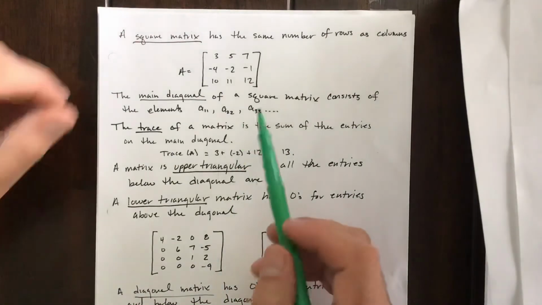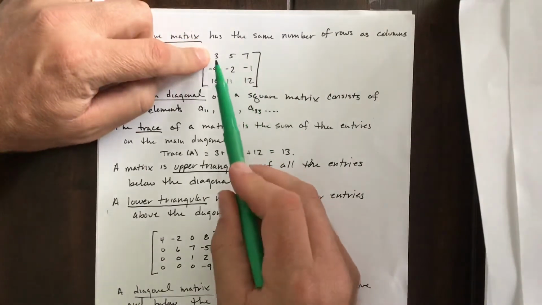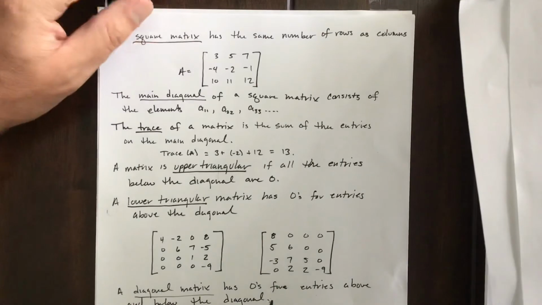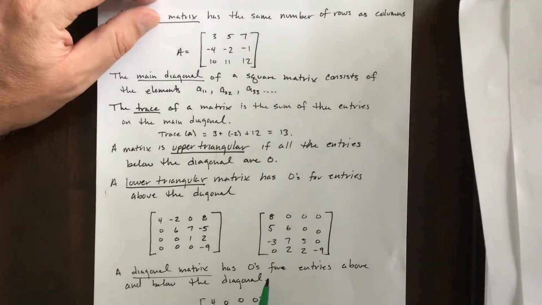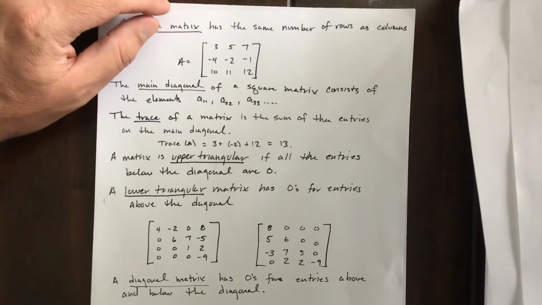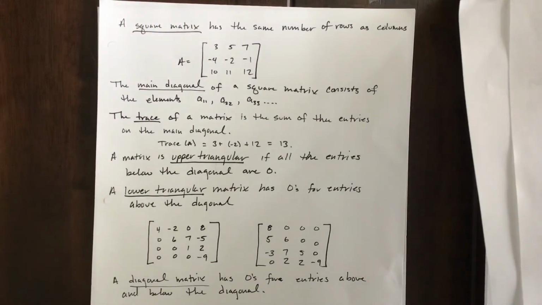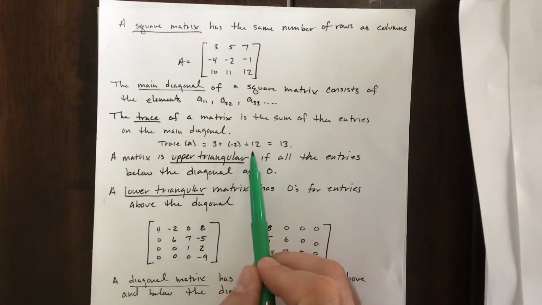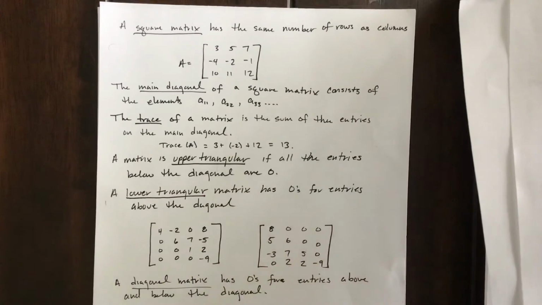So looking at this matrix, the main diagonal is 3, -2, and 12. The trace of the matrix is the sum of the entries on the main diagonal. So it's what you get when you add up A11, A22, A33, and so on. So in this case, it's 3 plus -2 plus 12. That's 15 minus 2. That's 13.